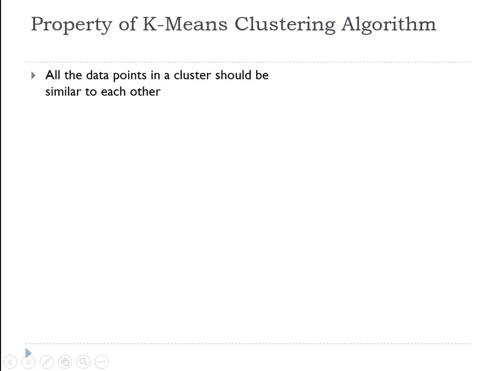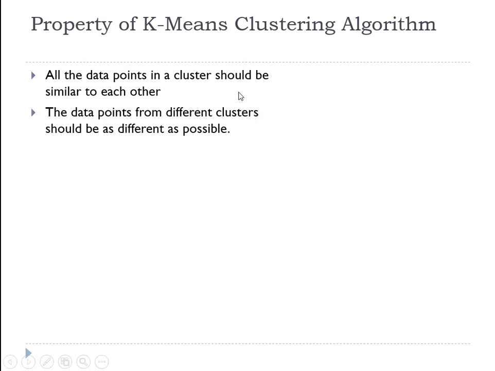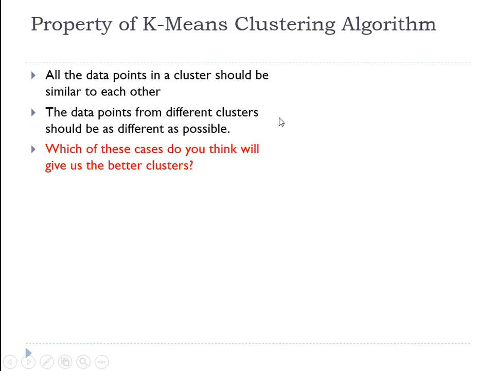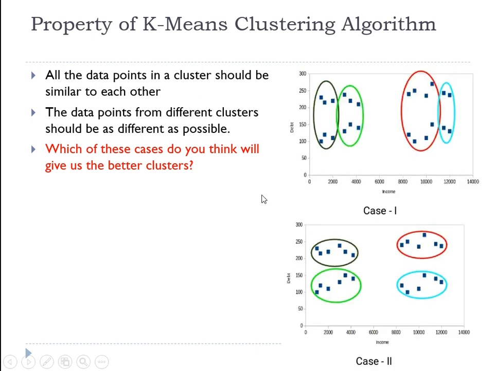So the main property of the k-means clustering algorithm is that all the data points within a cluster should be similar to each other, and the data points from different clusters should be as different as possible. So if you look at this figure, this is one cluster. All the data points within a cluster have to be very similar to each other, but very different from the data points of another cluster.